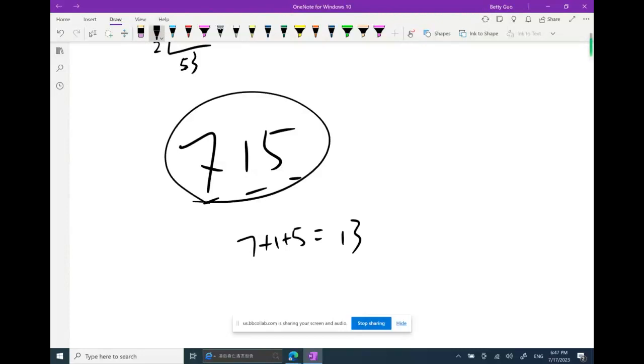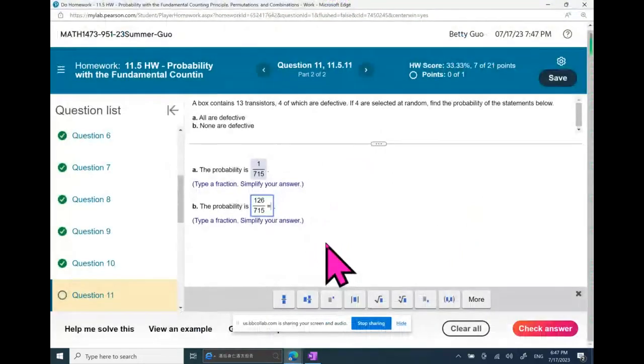So 715 is not divisible by 3. 2 doesn't work, 3 doesn't work, 5 doesn't work because the numerator is not divisible by 5. 7, no, the numerator is not divisible by 7.